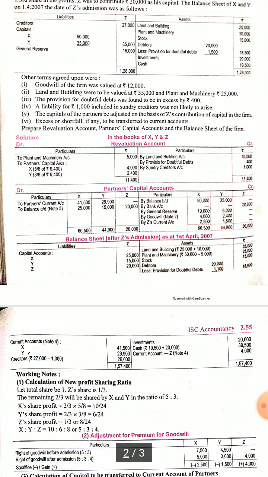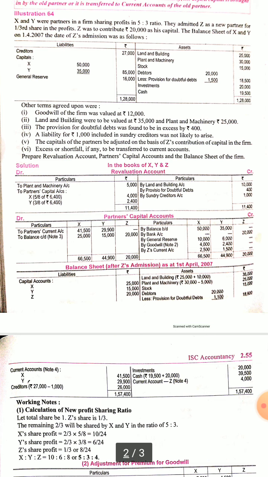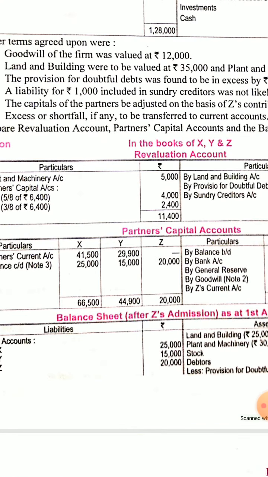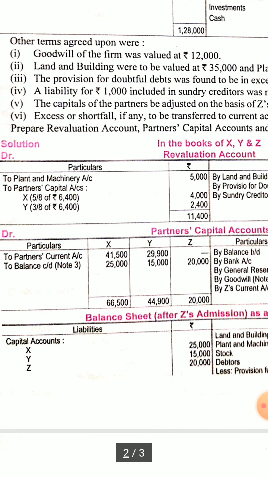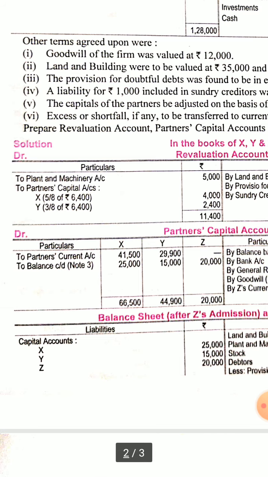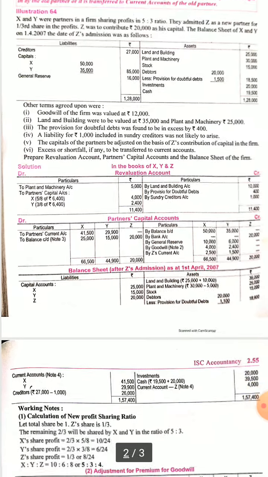Now we will get some profit on revaluation, that is a total of 6,400, and that is divided in the old ratio, 5 by 8 and 3 by 8 of 6,400. So in this way you have got the revaluation profit.